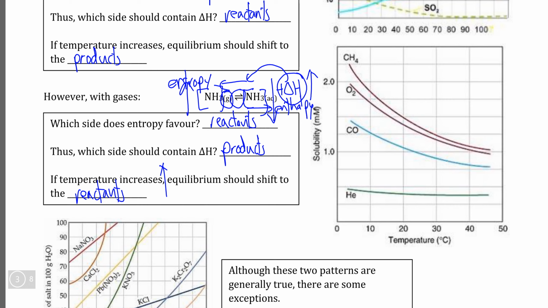And this would explain why there seems to be an inverse relationship between temperature increases and molar solubility of gases.